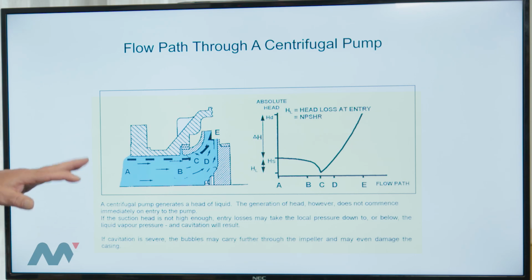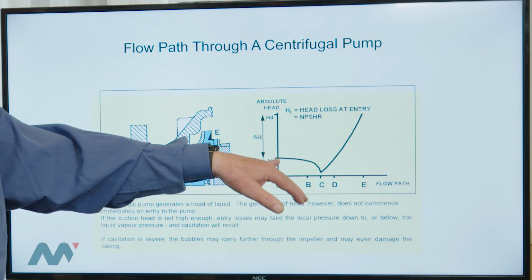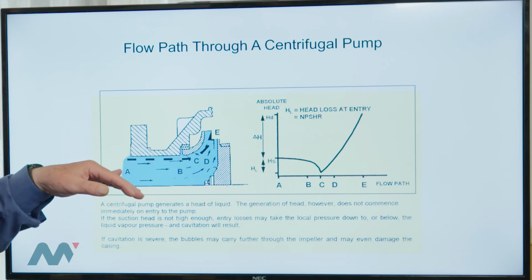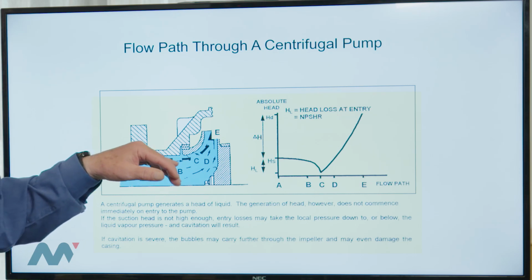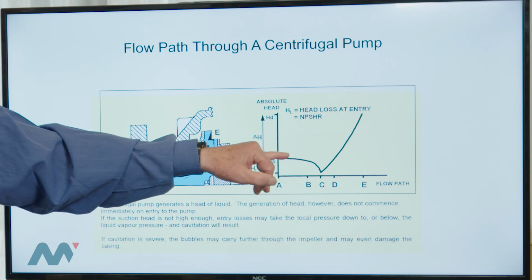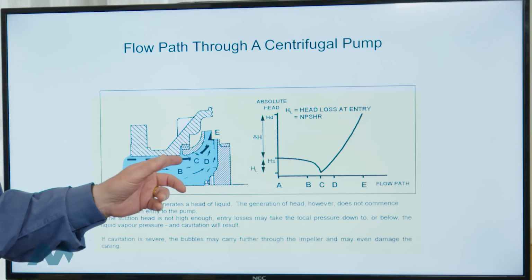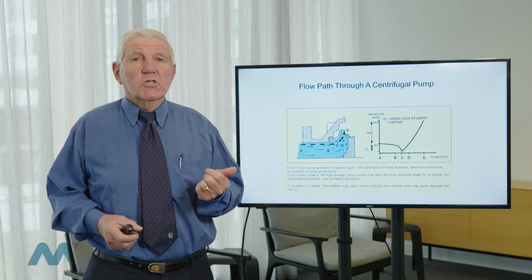We're going to now look at the pressure that we're generating. And this is the suction pressure at point A. As we go through this area, there will be a small friction loss. Okay? So this is our small friction loss. When we hit the leading edge of the vane, we're going to get a shock loading.